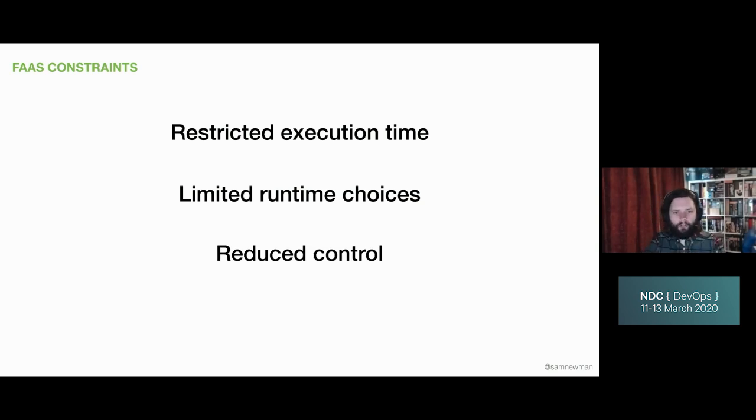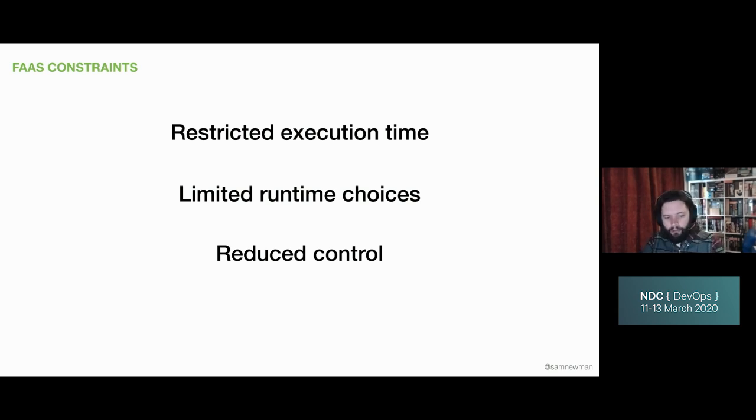You also obviously have a lot less control. It's not just that you can't pick a programming language; you have to stick to the languages that are supported. You might also only have access to a certain number of versions of a runtime. So if you've got a function that wants to run Java 5, that's probably not going to work. You're going to have to run Java 6 or Java 8 or something like that.